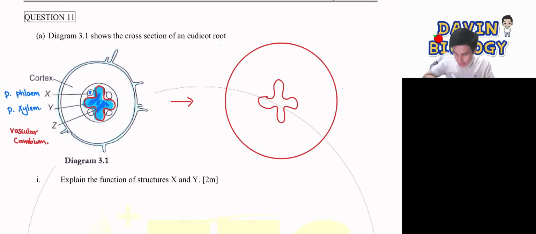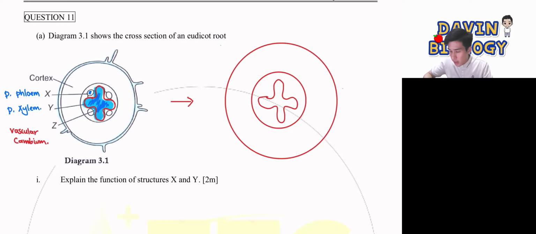Now, this is the primary xylem. So just now we said that this is the cambium. So same like just now, the cambium will undergo mitosis inwards and outwards. When it undergoes mitosis inwards, this whole thing will become like this. So it becomes something like that. So it goes out already.